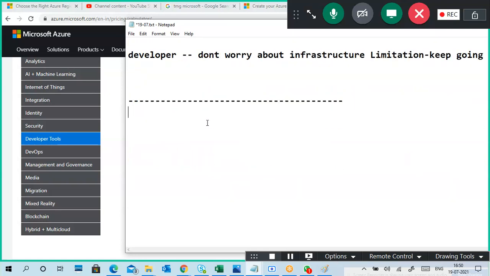Here are two points of cloud properties: elasticity, the elastic nature, and the scalable nature. Because of the scalable and elastic nature, we don't need to worry about infrastructure limitations. What does elastic mean?